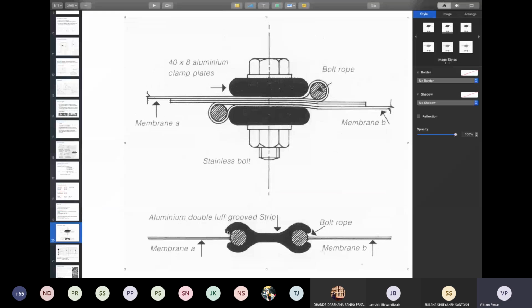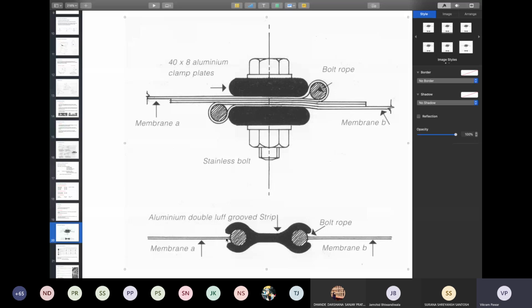The other way of doing it is that the membrane is wrapped around this cable, or the bolt rope itself has a certain clamping mechanism with which the membrane is clamped. Now this detailing is not shown over here.